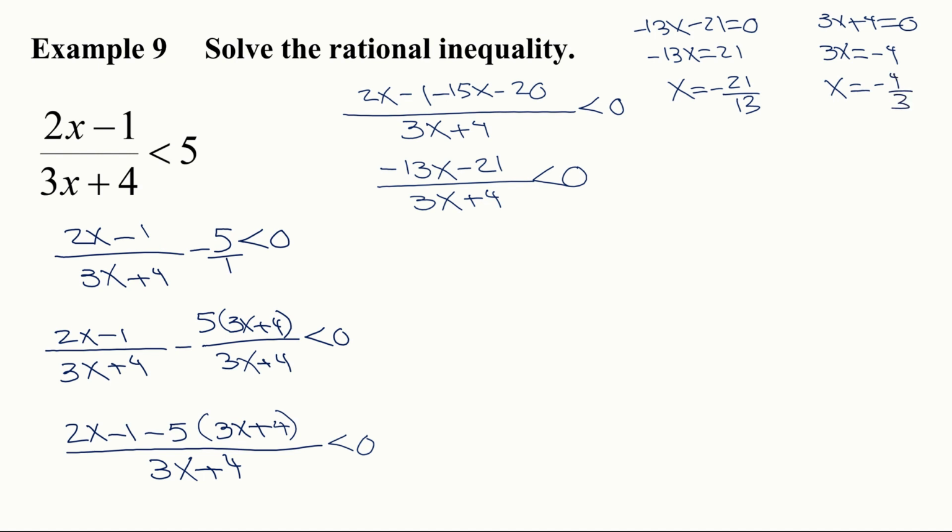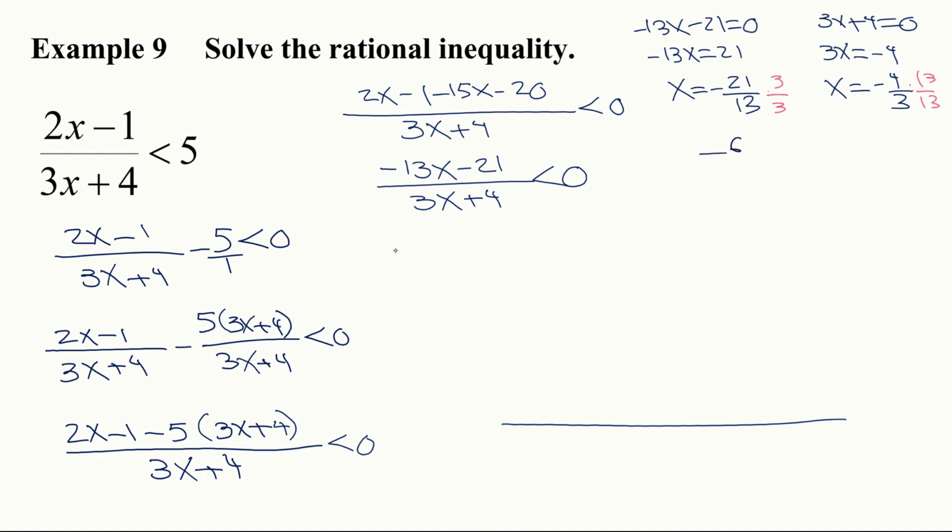Okay? So the regions of interest are going to be, now you do need to know which one of these is larger, right? So we need to get them to have the same denominator. So let's go ahead and multiply top and bottom of this one by 3 and top and bottom of this one by 13. In order to compare fractions, you got to make sure they have the same denominator.